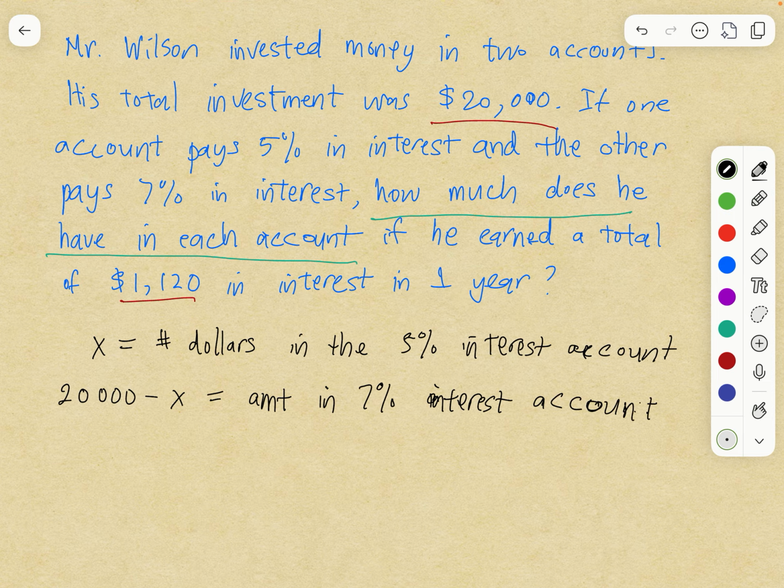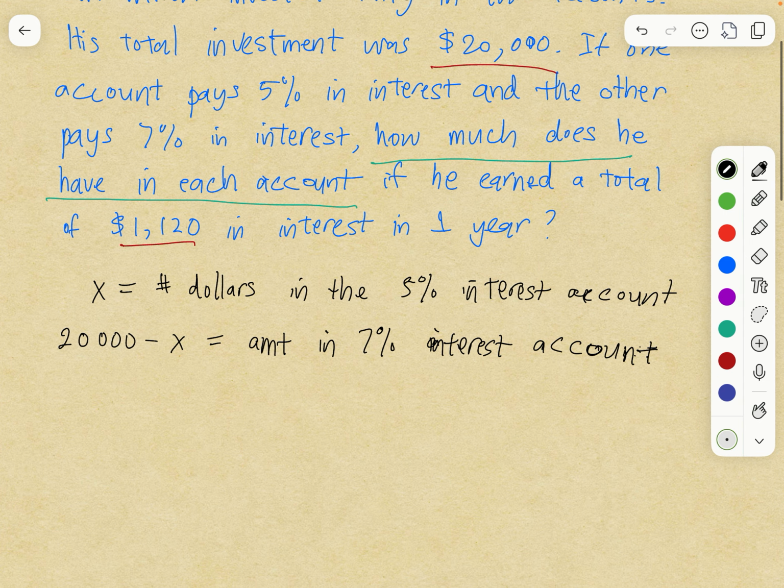Now let's make an equation for the total amount of interest that he gets. If you put X dollars in the 5% interest account, that means 5% interest a year, then how much interest is in that account?